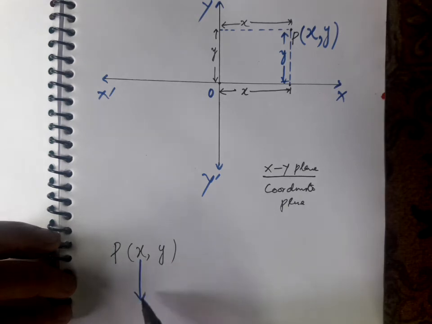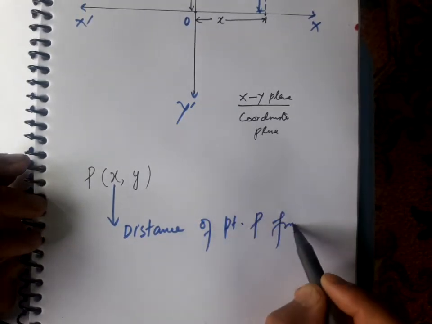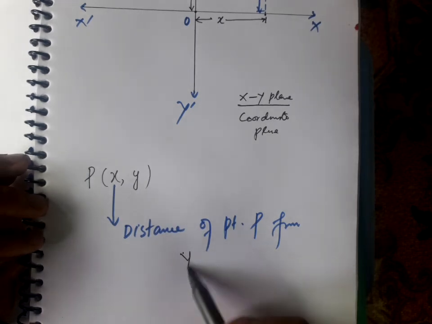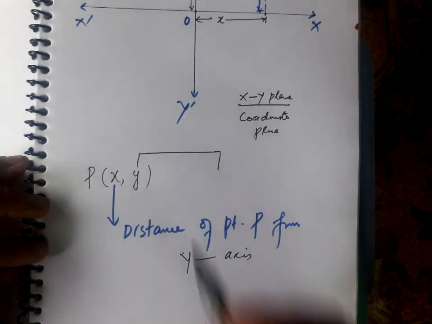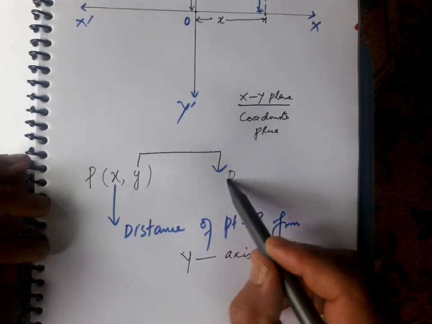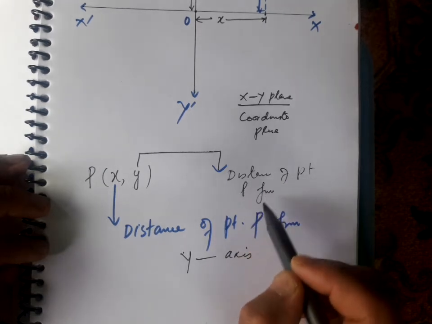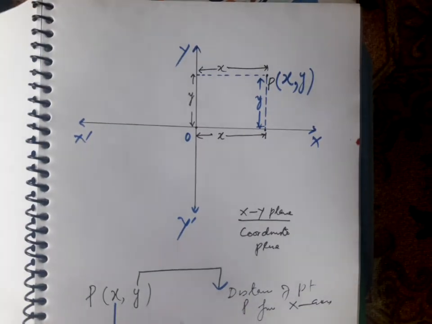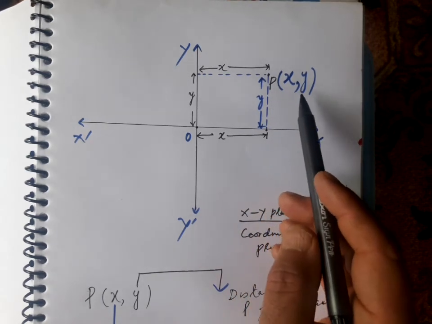What is this x coordinate? It is the distance of point P from the y-axis. And what is this? This is the distance of point P from the x-axis. So the position of the point P can be specified by two coordinates.